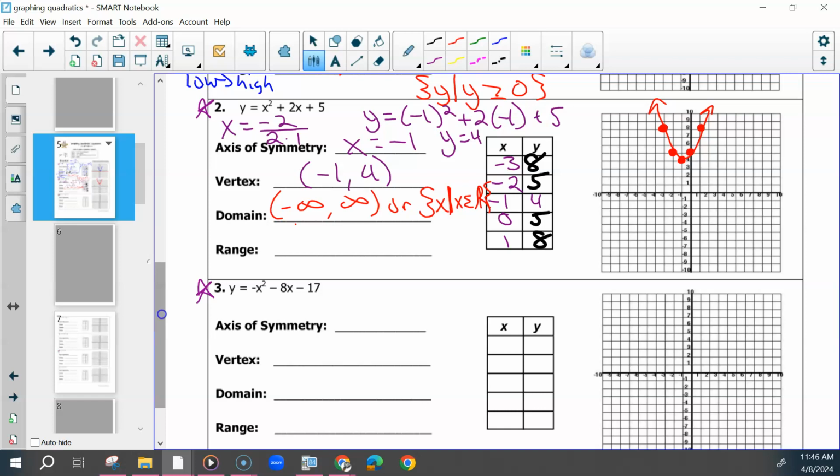And that's included, so square bracket. What is our highest value? This is higher than this, so that's not the highest. It keeps going. Infinity. Or y, it really means such that y is greater than or equal to 4.